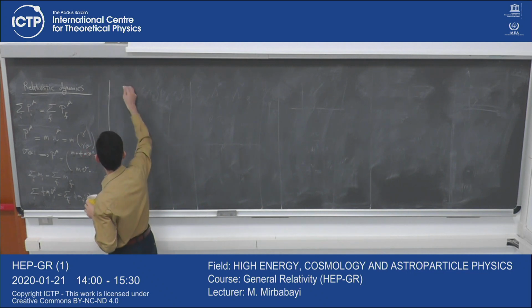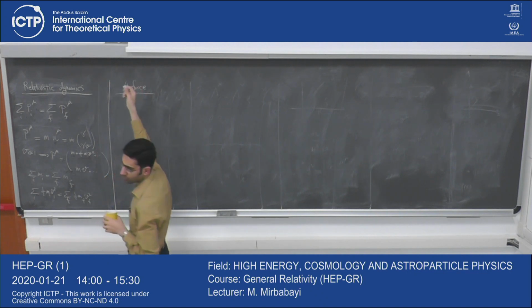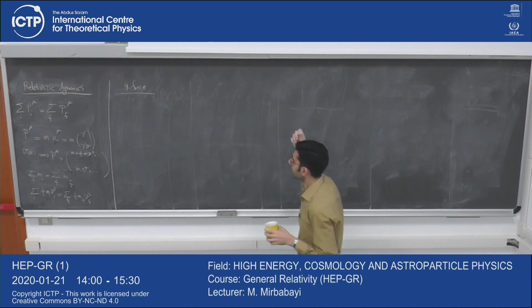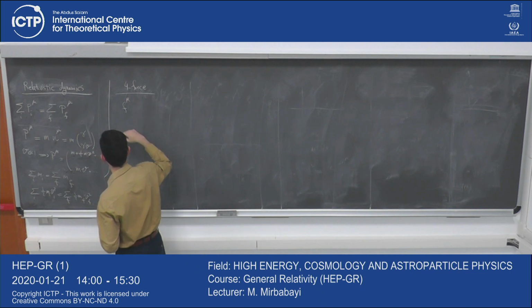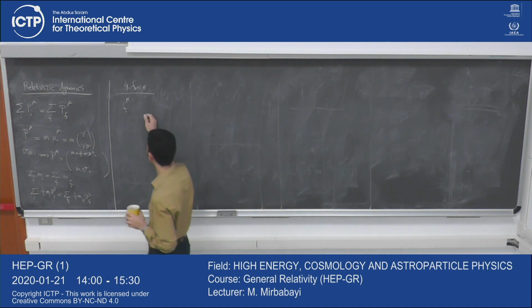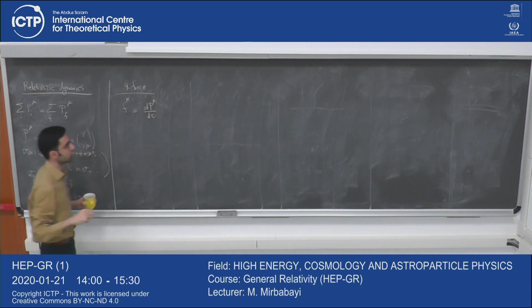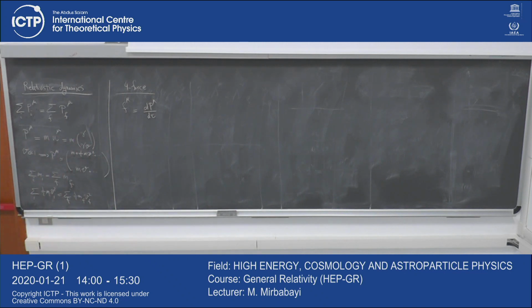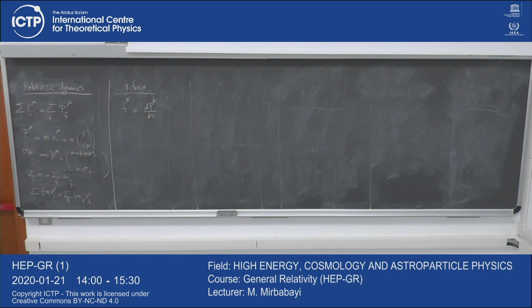We can also define four force, or in any number of dimensions d force, as a generalization of the concept of force in Newtonian dynamics, and this is defined as dp mu by d tau, which is a 4-vector, because p mu is a 4-vector and tau is a Lorentz scalar.